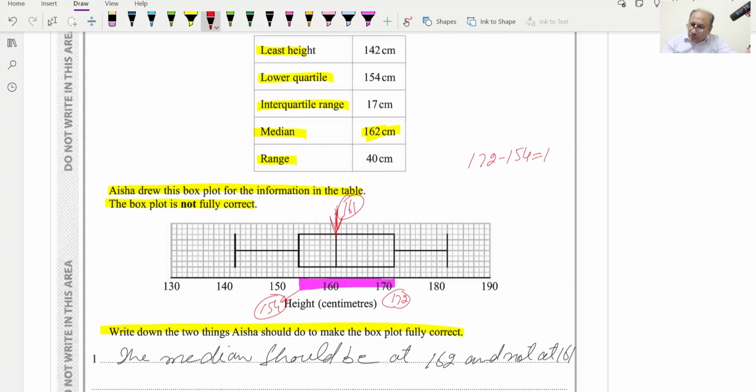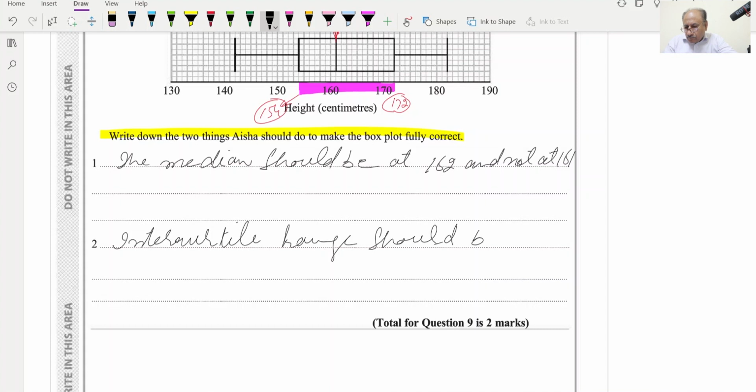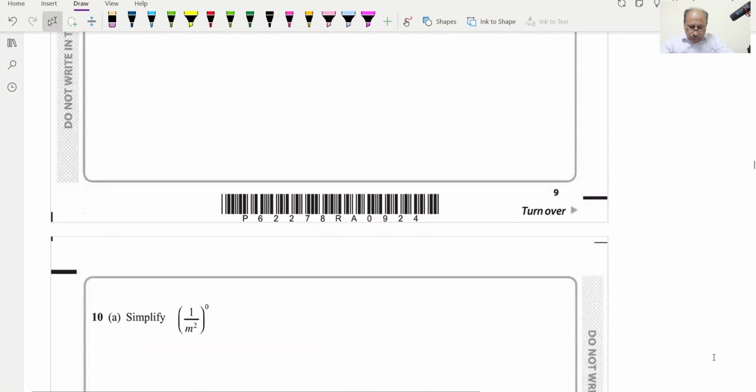So interquartile range should be 18, and in the box plot it is 17. So interquartile range should be 18 and not 17. So these will be the two things which we have mentioned over here.